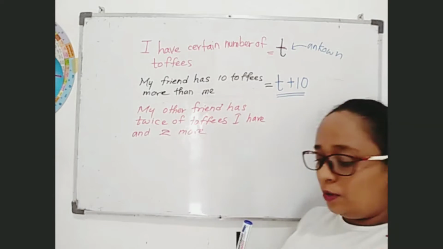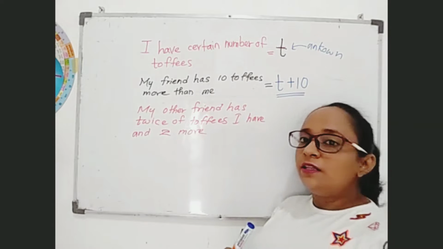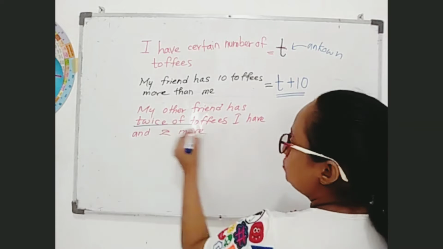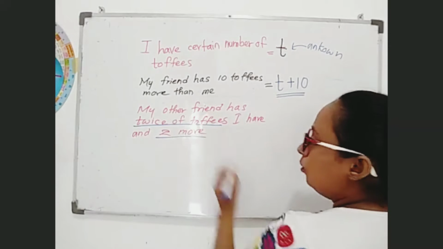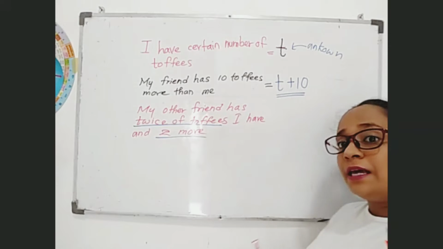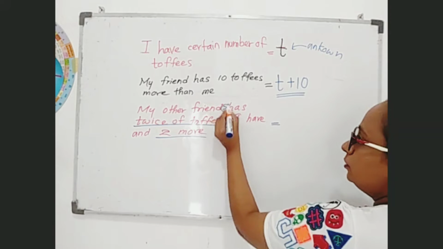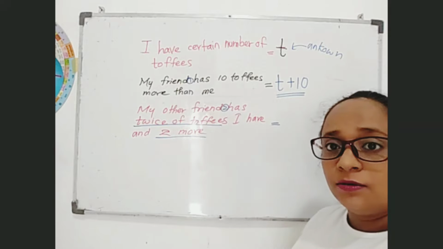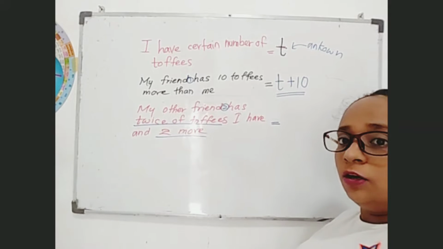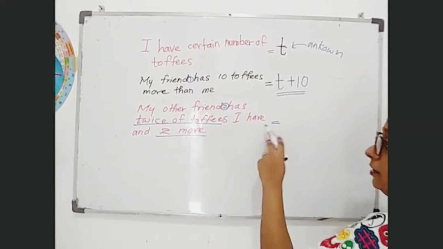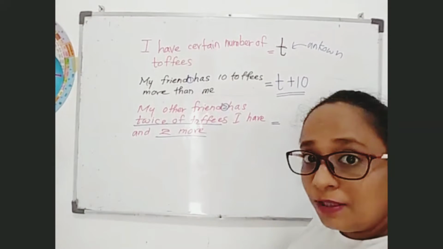Twice of what I have, and 2 more. My friend has twice the toffees I have and 2 more toffees. So how much does he have? The next one, friend 2. Let's assume this is friend 2, this is friend 1. He has double what I have.